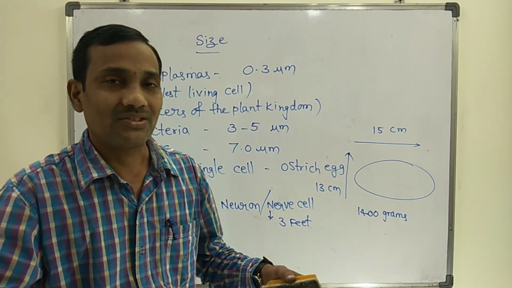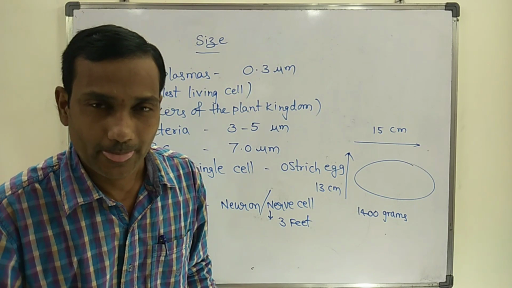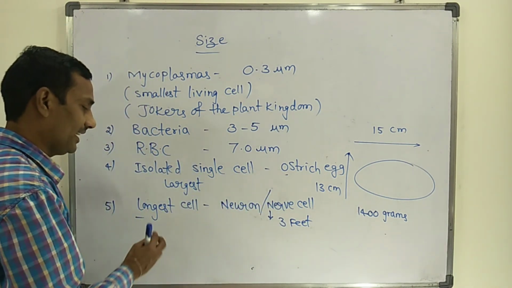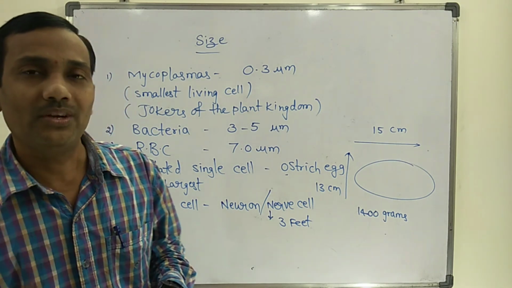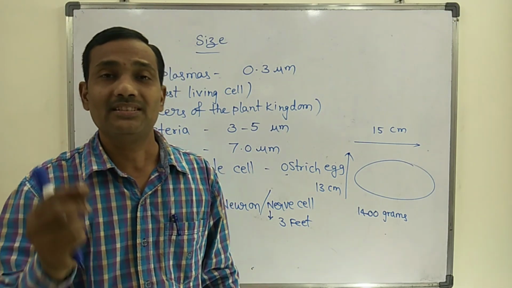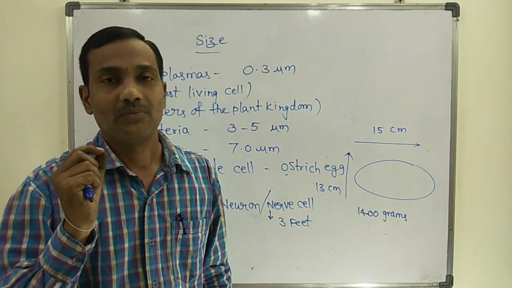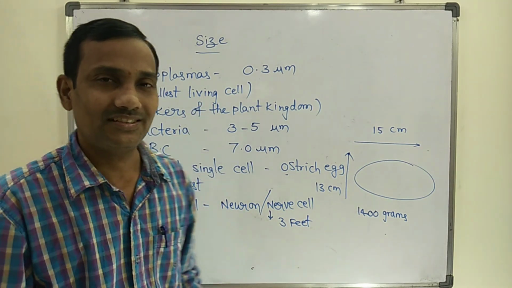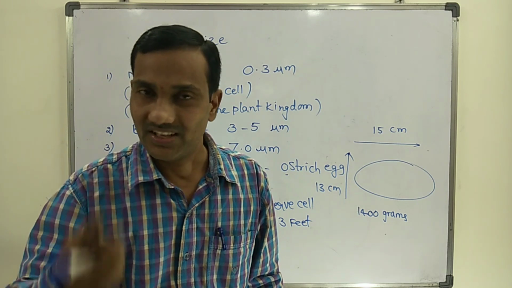The largest single isolated cell means the ostrich egg. The longest cell found in our body or animals' bodies is the neuron or nerve cell. Based on this, we can understand that sizes are different.